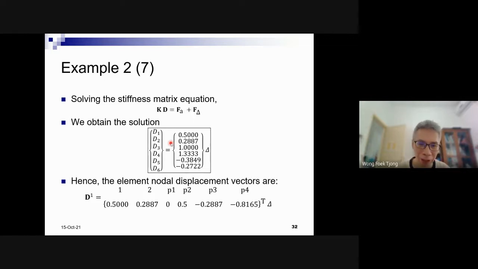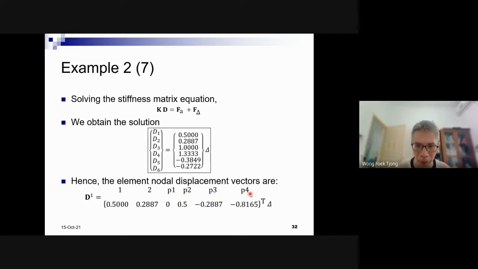Don't forget prescribed displacement. For example, from here we know that this is 1, 2, 0, and the M-code is like this: 1, 2, and then this one, the inactive degrees of freedom. The M-code for inactive degrees of freedom.